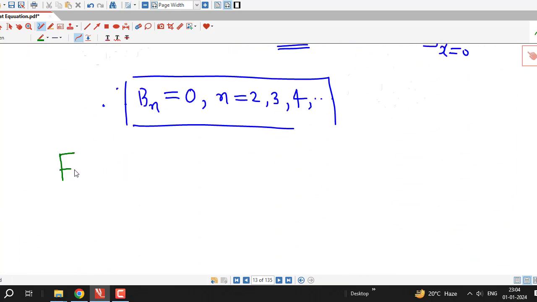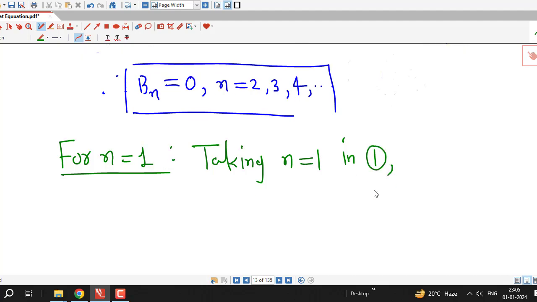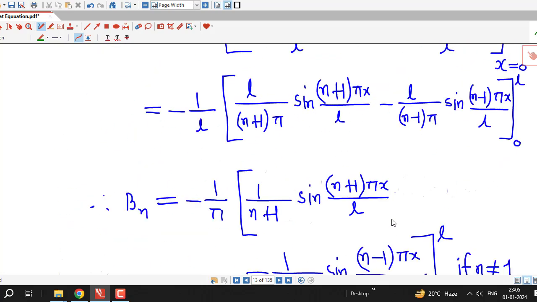Now for n equal to 1, we are calculating B1. Taking n equal to 1 in equation number 1, we obtain B1 equal to 1 divided by L, integral from 0 to L, 2 times the square of sine of πx/L, integrated with respect to x.